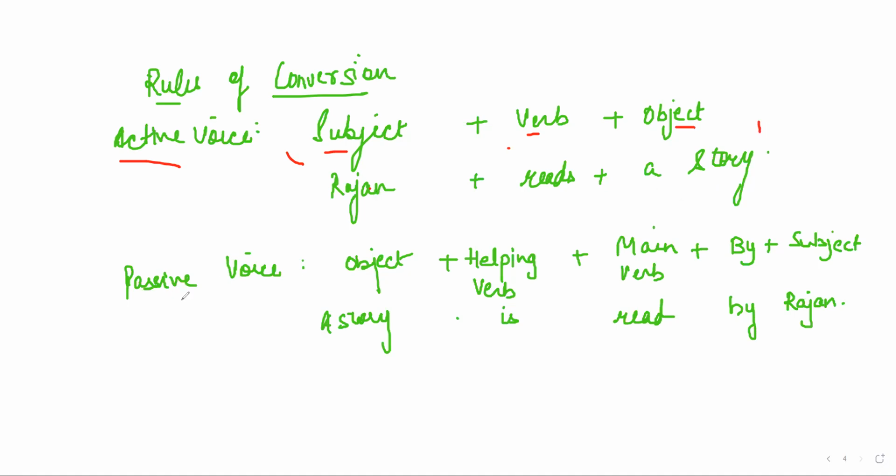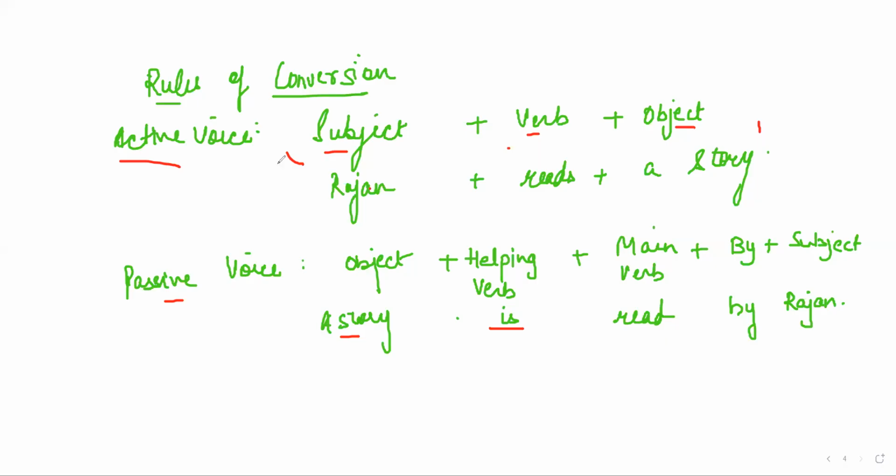The moment I change this to passive voice, the object comes here. We give more importance to the object. It is being focused upon. So, story is read by Rajan. Is is the helping verb. Read is basically the main verb. Then by, and then Rajan. Got it? So this is the rule of conversion.